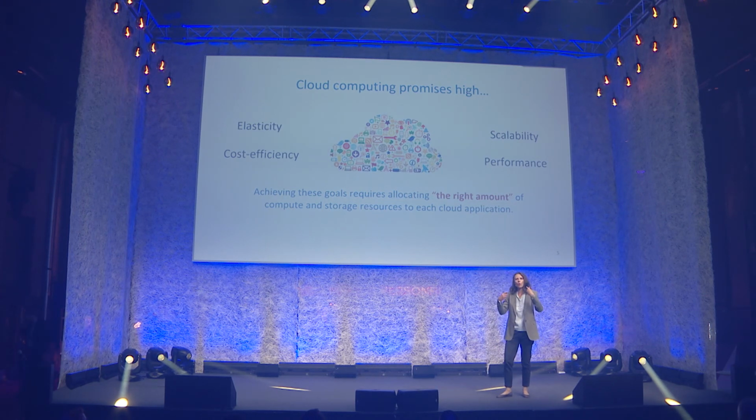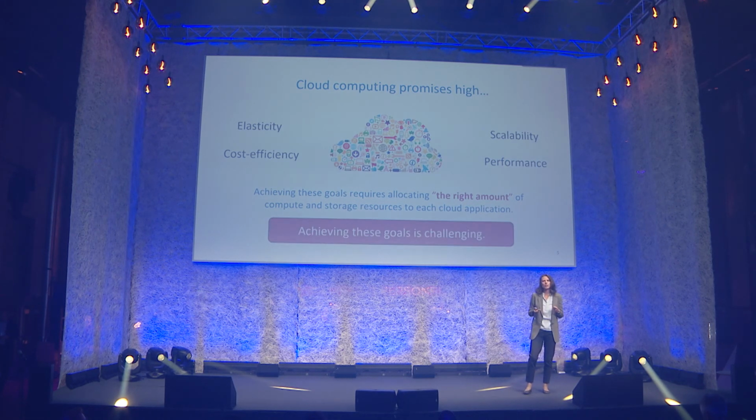But we don't want to over-allocate resources so that we're just spending extra costs but not getting any additional performance for those resources. Figuring out the sweet spot of how many resources to allocate to an application is really challenging, and it makes achieving these goals of elasticity, performance, and cost efficiency difficult.